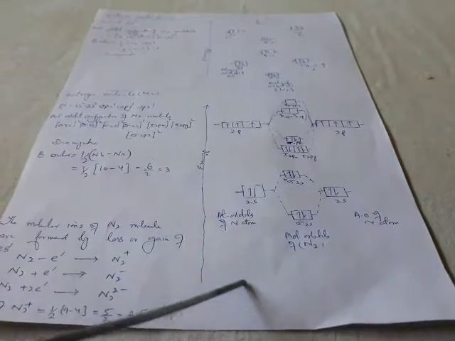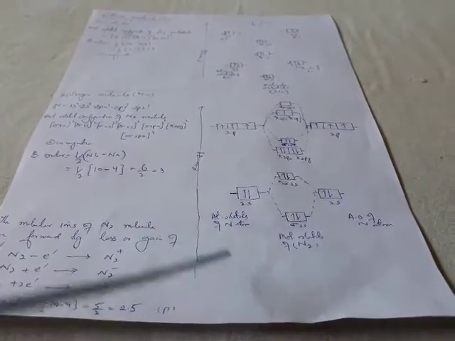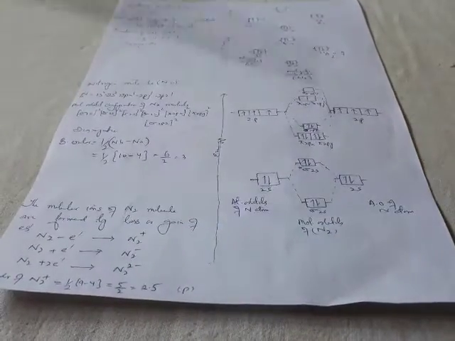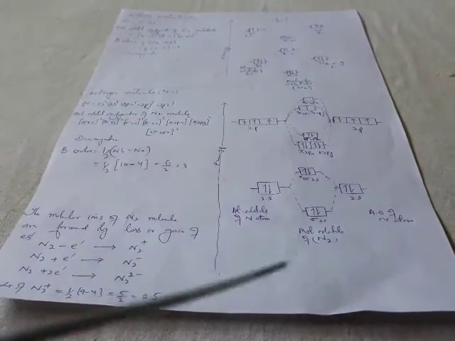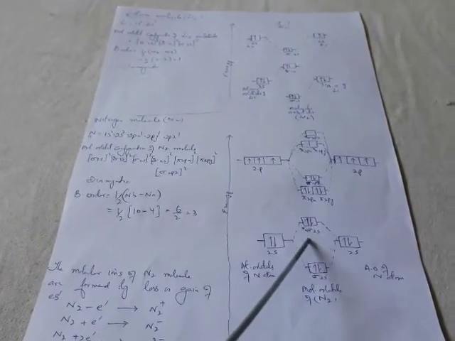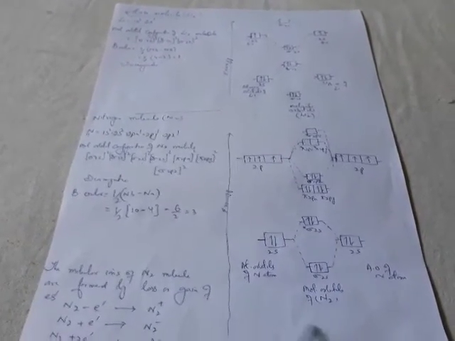Now the bond order in this case: we have 10 bonding electrons. I have not shown the K shell, that is the first shell; rather I have shown the L shell. So if we count the total number of bonding electrons, they come out to 10, and we have 4 anti-bonding electrons. You can see two anti-bonding electrons are present in sigma star 2s, and similarly in sigma star 1s.